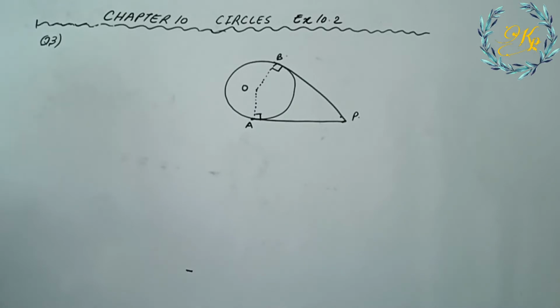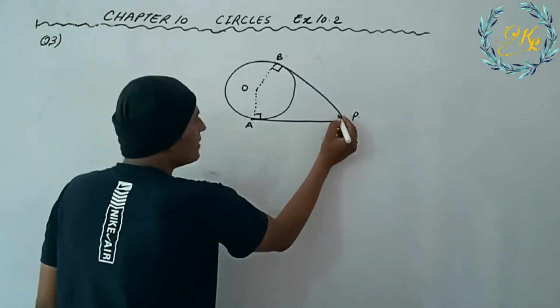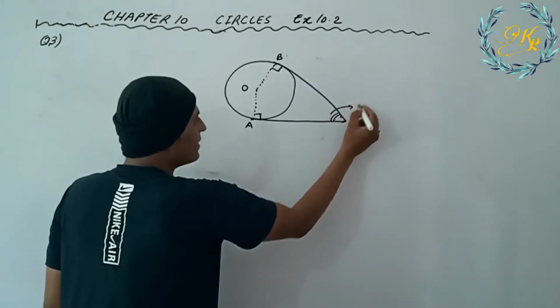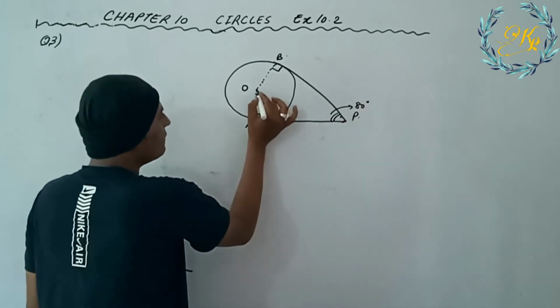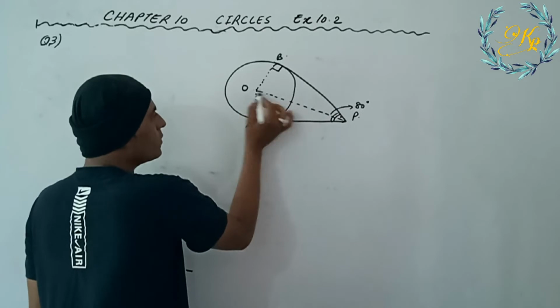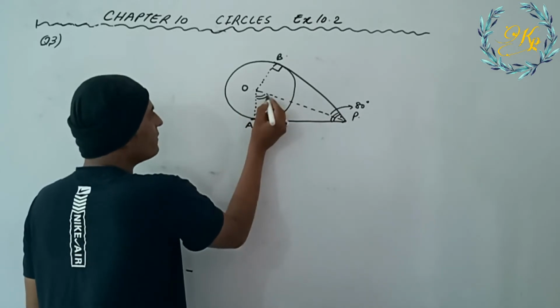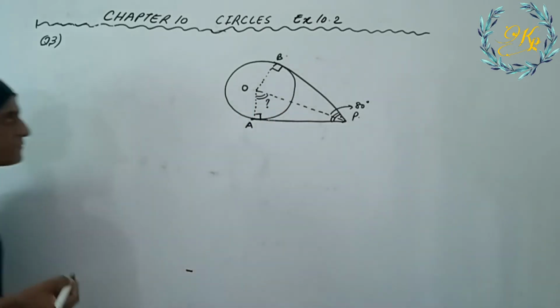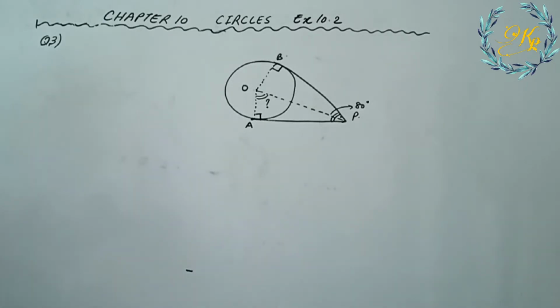Well, we have said that these two tangents are inclined to each other at an angle of 80 degrees. The total measurement of this angle is 80. We have to find the measure of angle POA. So you join O and P, you have to find the measure of this angle. Now in the previous sum we have used the property of the sum of angles of a quadrilateral. We will do the same here.